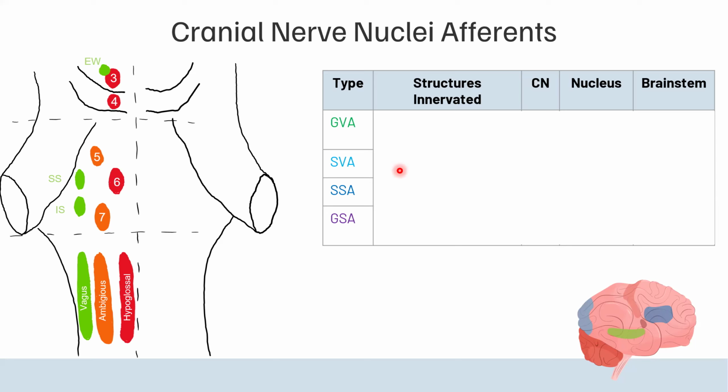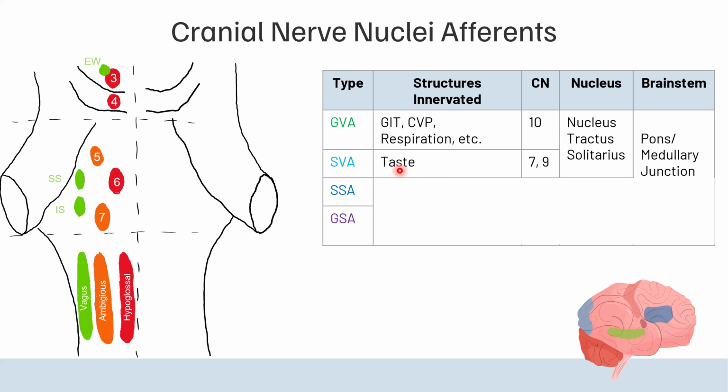What was for the taste? Facial, absolutely, yes, you guys are correct. So taste from the anterior two-thirds of the tongue is through facial, and then from the posterior 1/3 of the tongue, it is through glossopharyngeal. Okay? So we have our GIT, CVS, respiration through the 10th cranial nerve, and then our taste is through the 7th and the 9th.